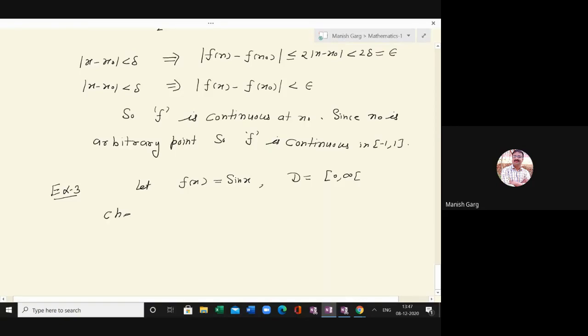The question is: check continuity in this interval. So same thing, solution is: let epsilon be greater than 0 be given.